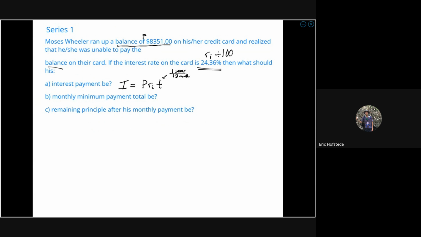Or the same general format, but rewritten for simplicity: interest is equal to our principal, our balance owing, times our interest rate divided by 12. That is going to be how I solved A here.